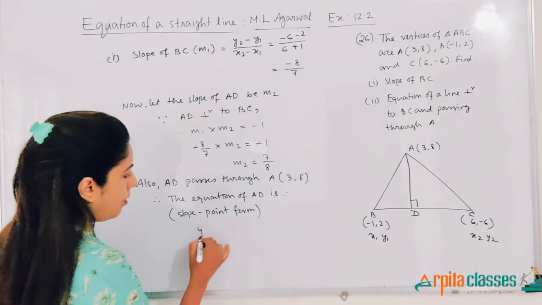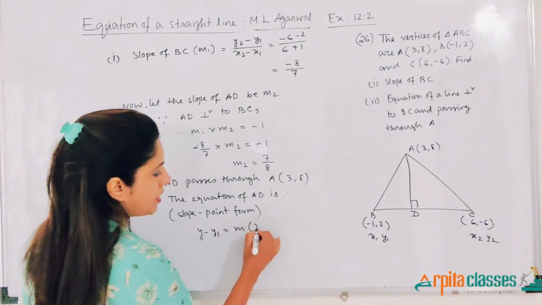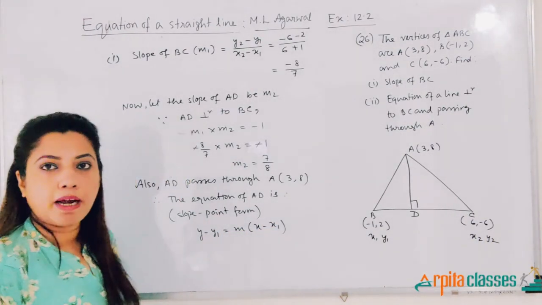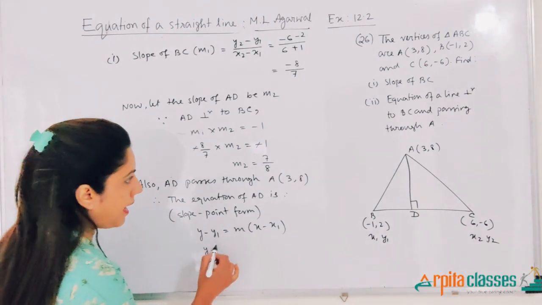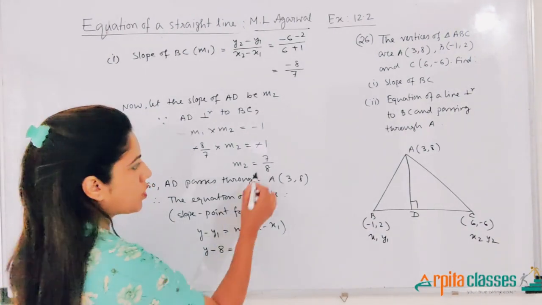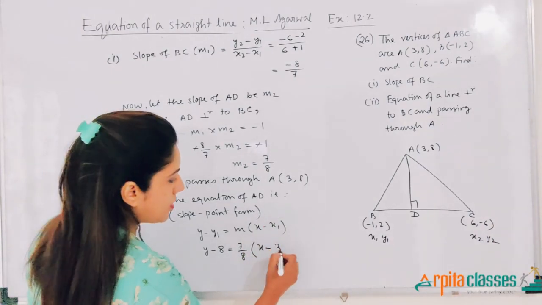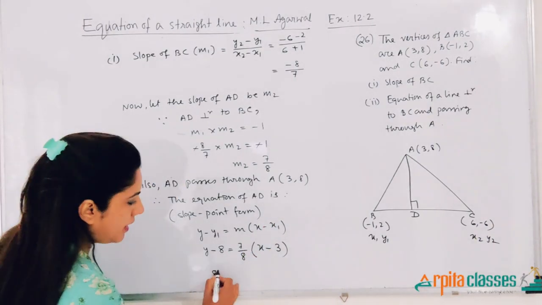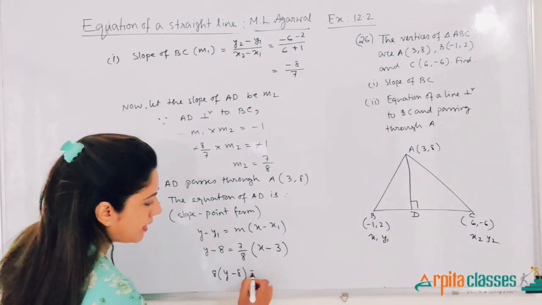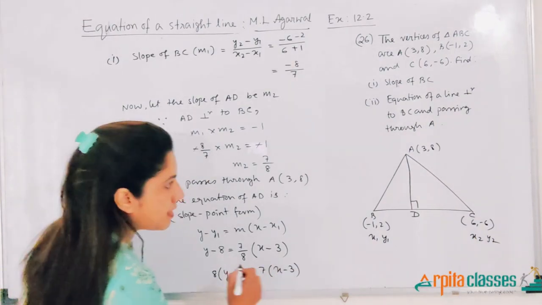And what is the form? y minus y1 is equal to m whole into x minus x1. So y minus y1 is 8, slope is 7 upon 8, x minus x1 is 3. Get 8 this side, 8 whole into y minus 8, 7 whole into x minus 3.